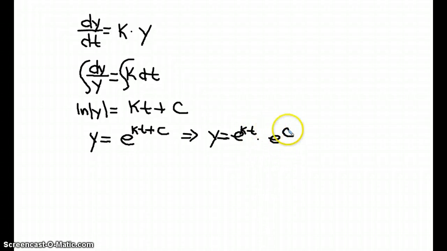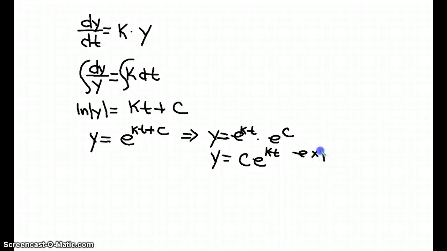And since I haven't found c yet, this e to the c is just another constant. So we get y equals c e to the kt. If you remember from pre-calc, this is the exponential growth and decay model. From now on, the problem is just like you did in pre-calc.